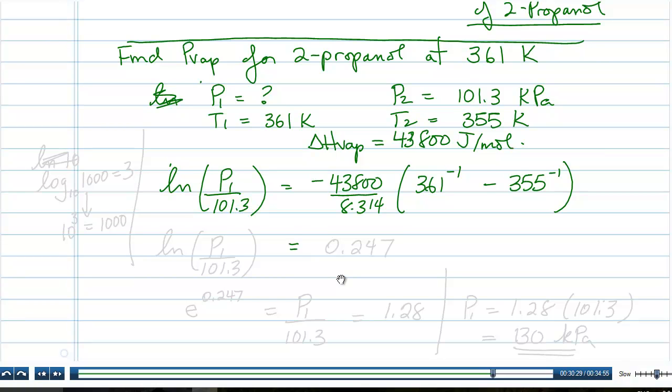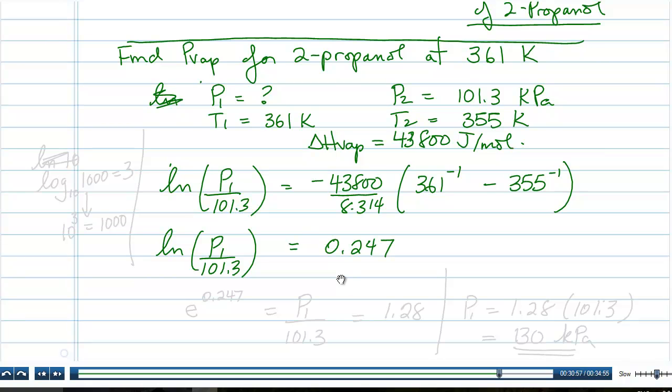So negative 43,800 divided by R times, open a bracket, 361 to the minus 1 minus 355 to the minus 1, close your bracket, equals 0.247. And that's the natural log of P1 over 101.3.